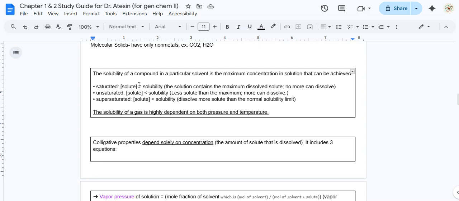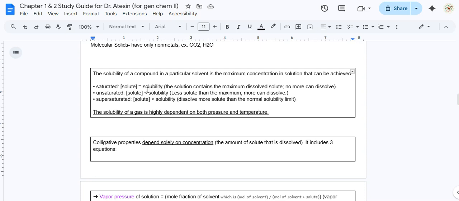Here's the important part. When the solution contains the maximum dissolved solute, so the concentration of the solute is equal to its solubility, this is called a saturated solution.